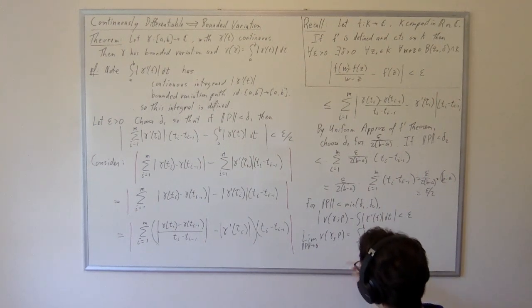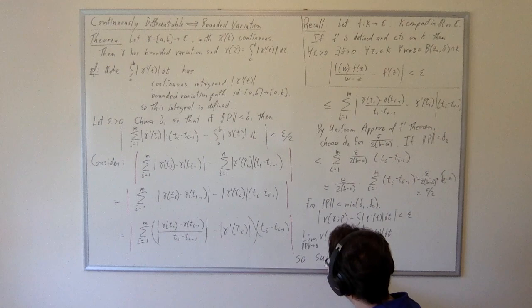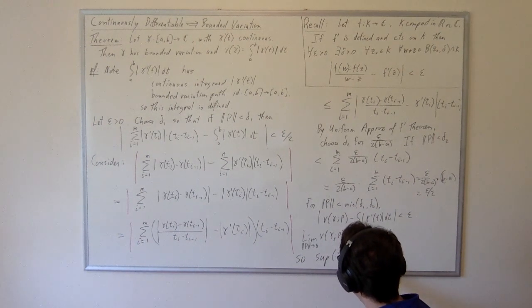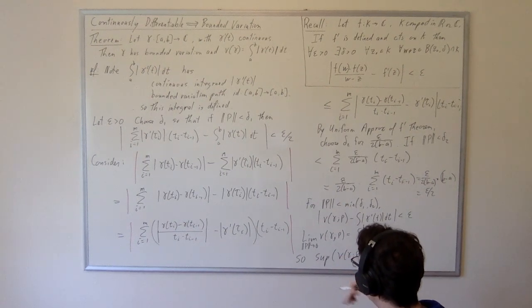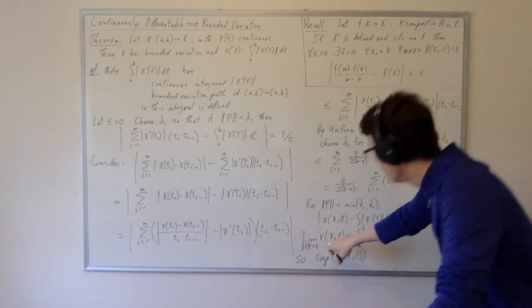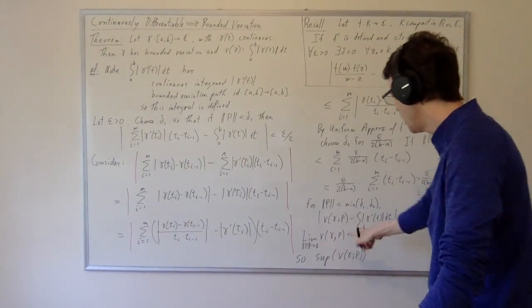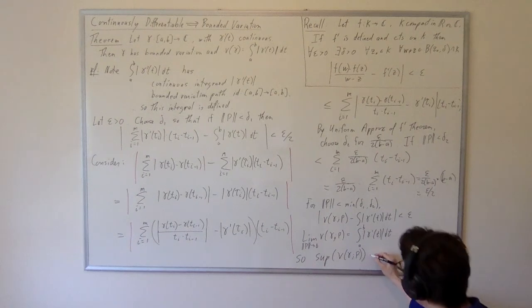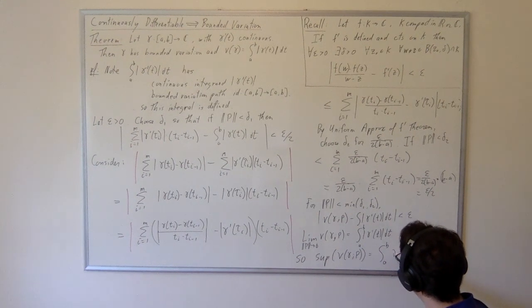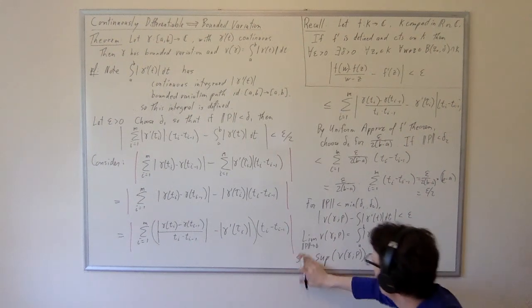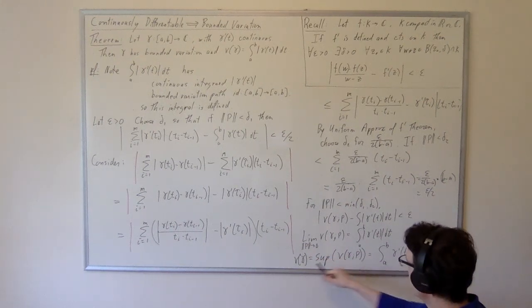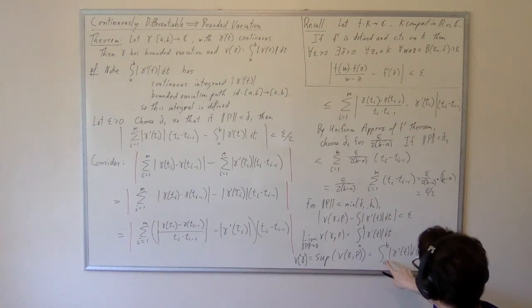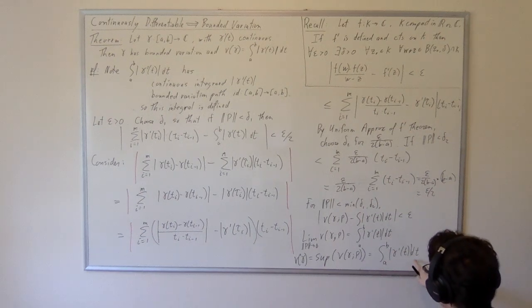And if the limit is equal to that, then it follows that the supremum is equal to that, because we proved that whenever we have an increasing function of the partition, and this is an increasing function here. So the supremum is also equal to the integral from a to b of the modulus of gamma prime of t dt. That supremum is just v gamma by definition. And so that tells us that v gamma is equal to the integral from a to b of the modulus of gamma prime of t dt.